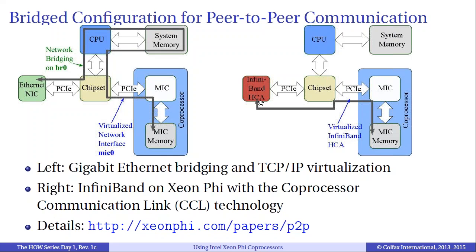InfiniBand is a technology for high-speed, low-latency network interconnects. If you have such an interconnect in the system, Xeon Phi can use it directly, and you can get to much greater data throughput rates, again as described in this paper. So Xeon Phi actually can work as an independent compute node on your network.